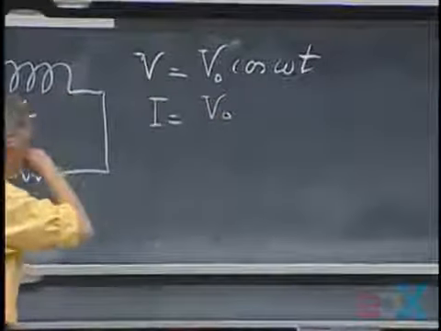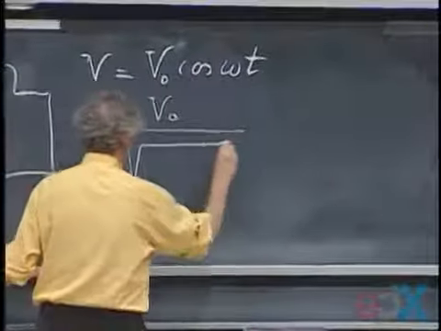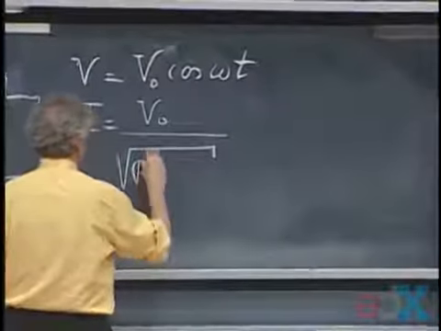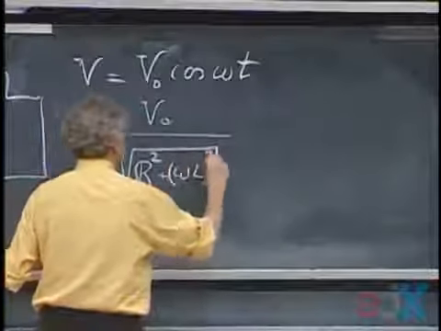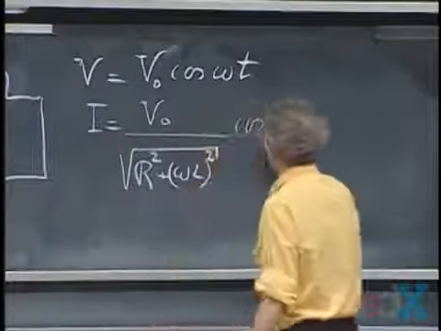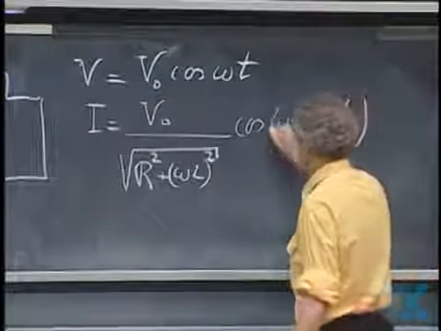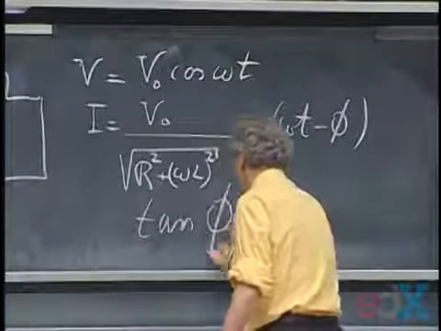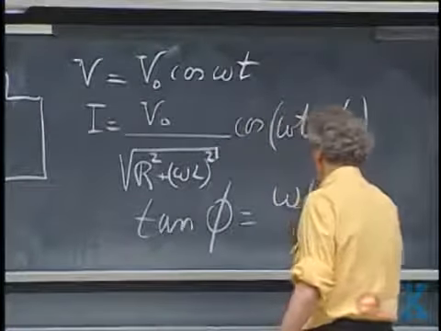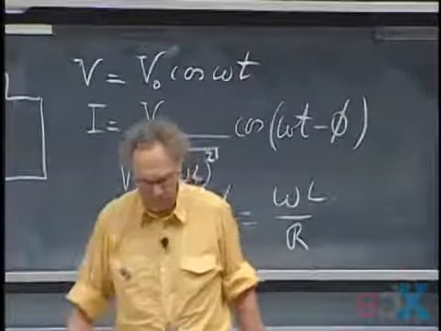The current as a function of time now is V0 divided by the square root of R squared plus omega L squared, times the cosine of omega t minus phi, and the tangent of phi, that angle phi, is omega L divided by R. And of course we need some time to digest this.